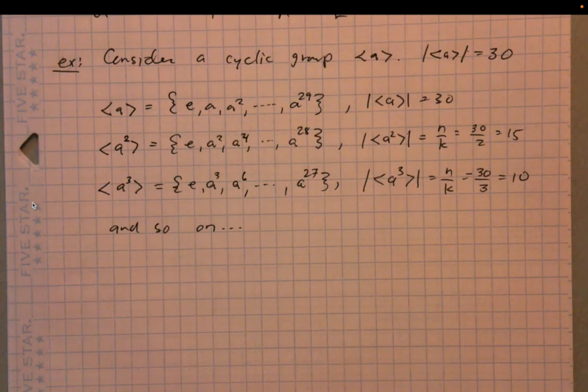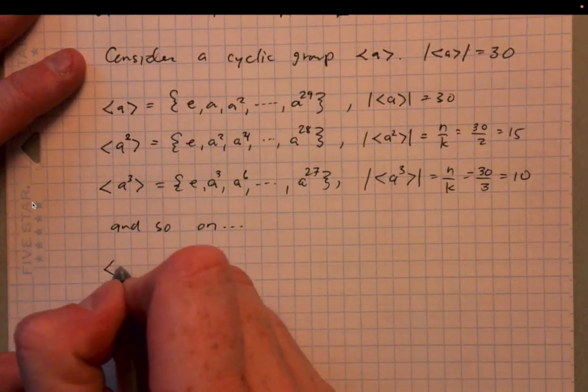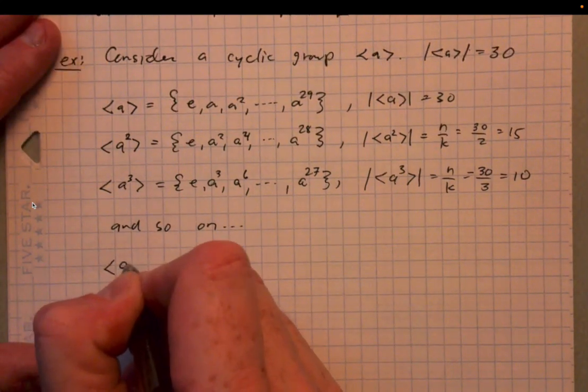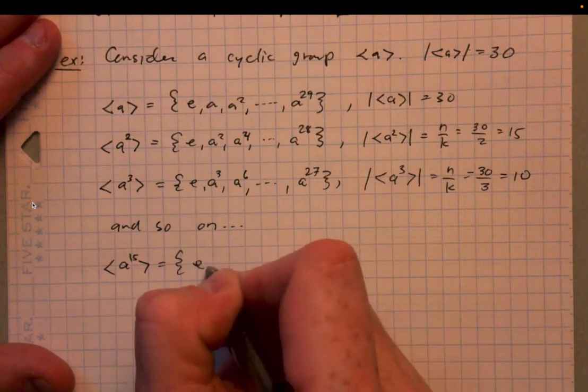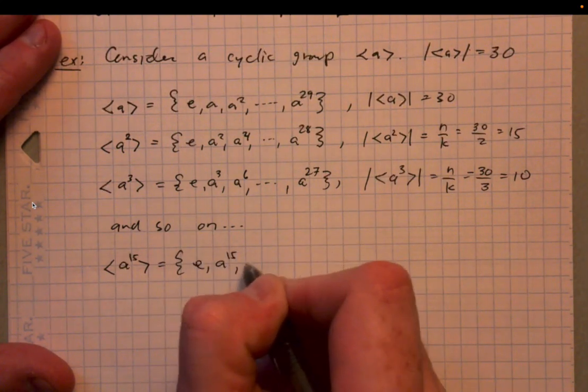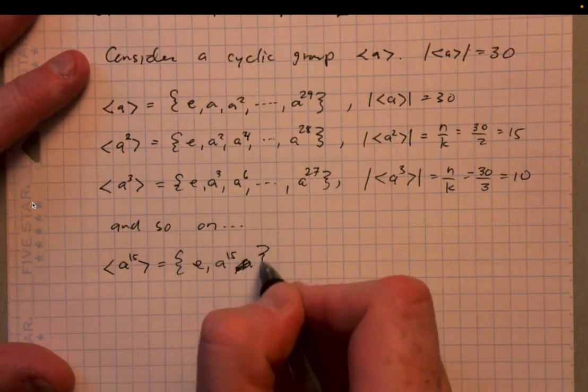And what you should do is take a couple of these examples, maybe take this one, and just show that indeed there is closure here. So for example, we'll do a to the 15th. That's going to be equal to a to the 15th, and a to the 30th, just those two actually.